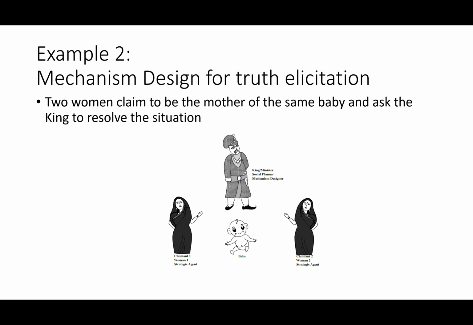In this particular game, the king asked for a sword and said he was going to cut the baby into two and split it for the women. Obviously, if you are a mother and the baby belongs to you, you wouldn't watch them cut your baby into two.